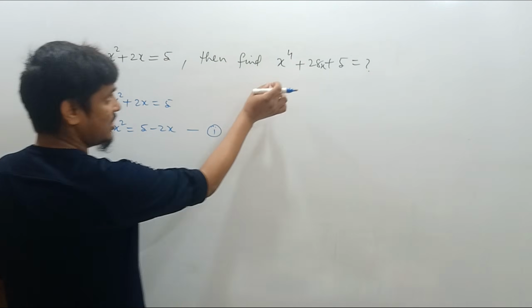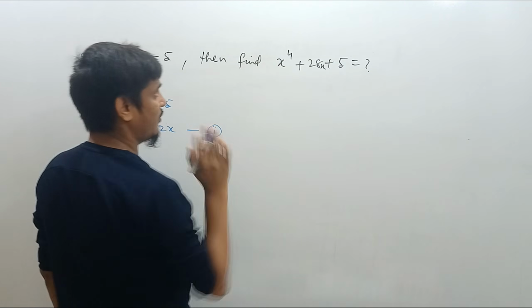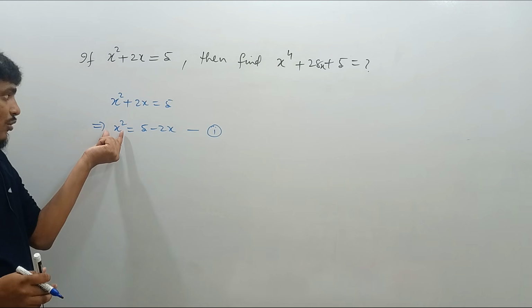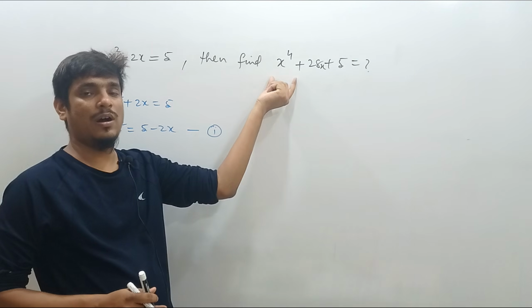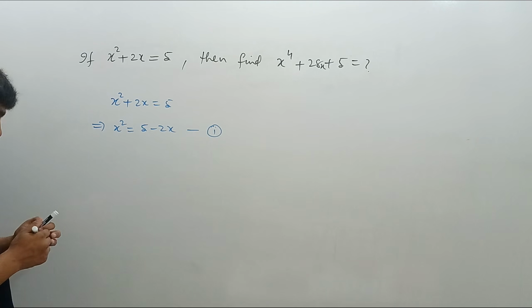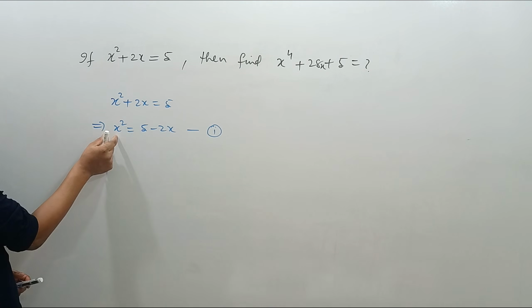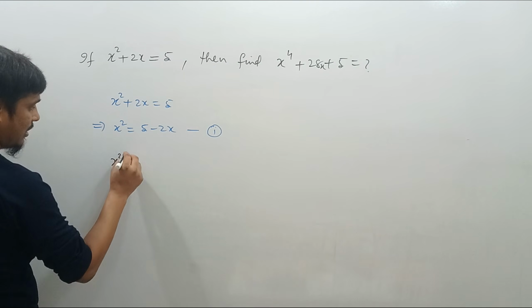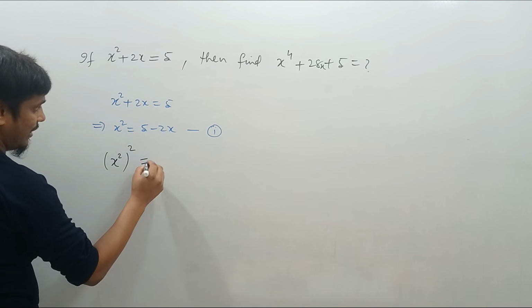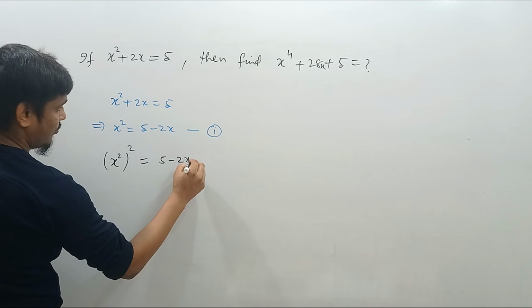Now we want x to the power 4 plus 28x plus 5. So we got the value of x square. And the value of x to the power 4 can be obtained by taking a square on either side of this equation 1. So if you are taking a square on both sides, x square whole square on the left and on the right side 5 minus 2x whole power 2.